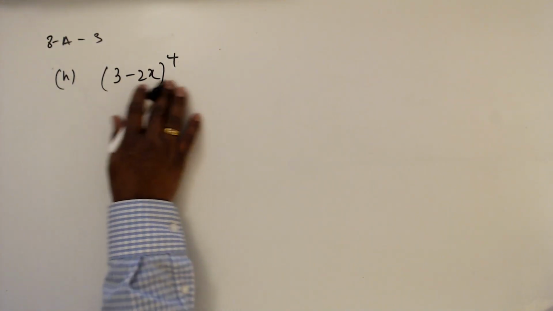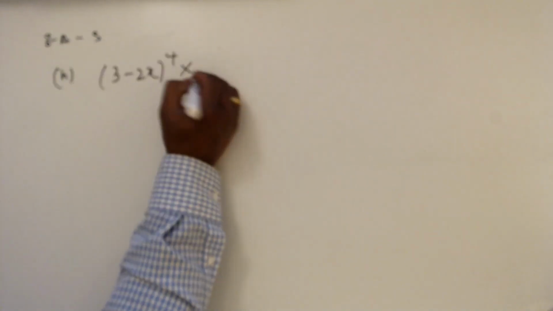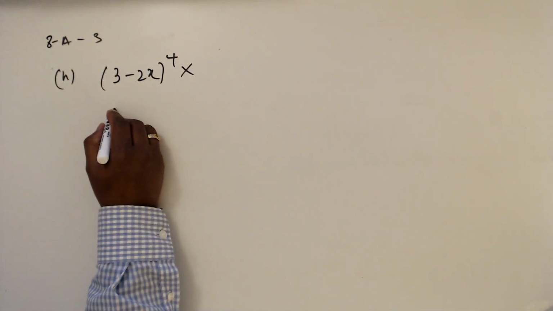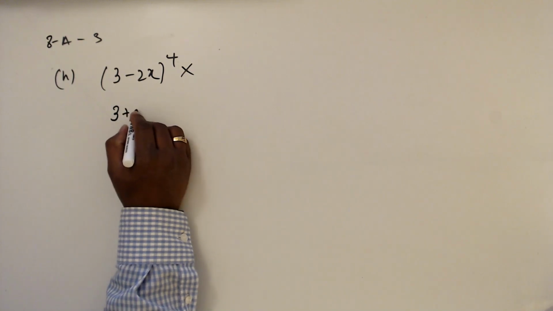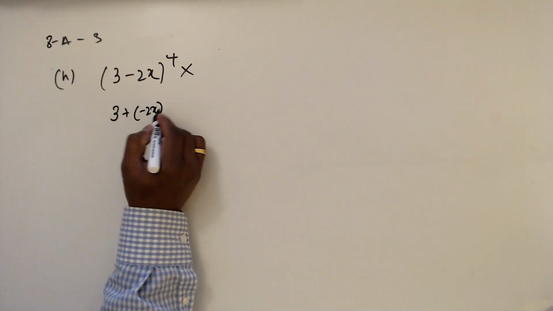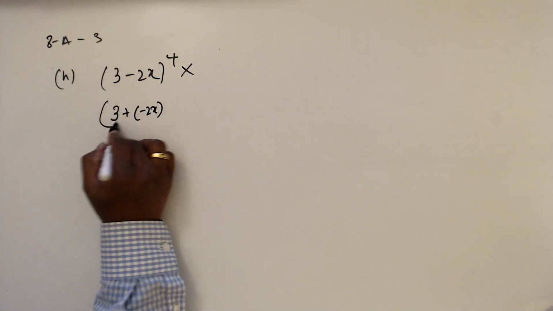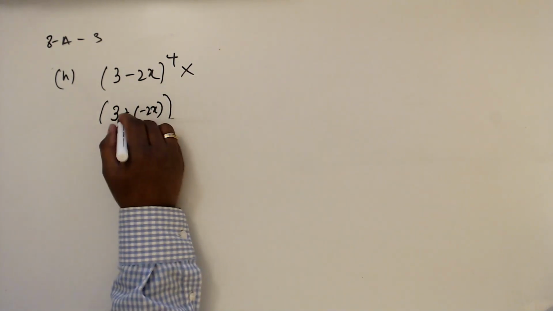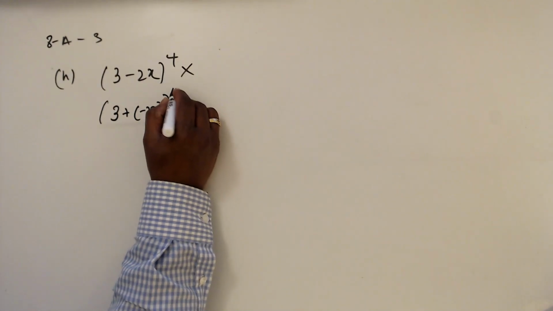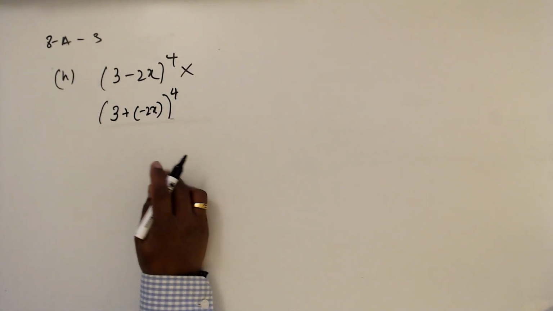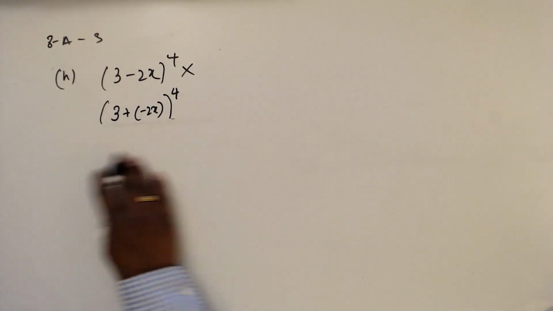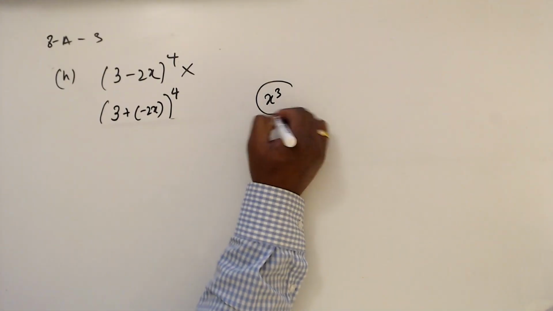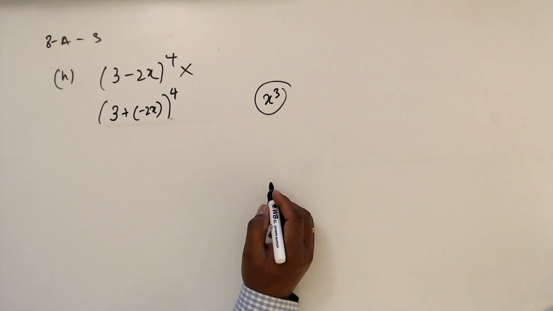Now, 3 minus 2x plus 4. We can't do anything on this one with binomial expansions. So now we have to adjust it the way we can write, because if it is minus, we can't do it. It is only applicable for plus. Okay, now it is in the right form. Now we need the coefficient of the x cubed term.